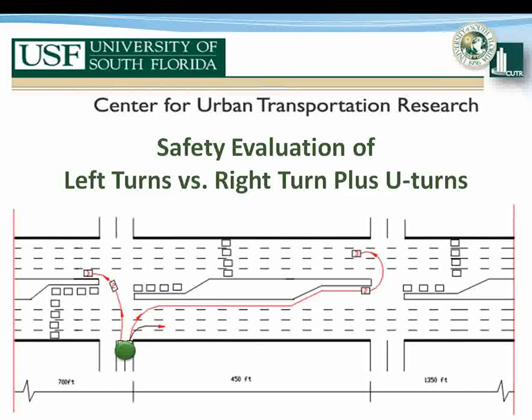So the University of South Florida, working for us, did an analysis of the direct left turn versus the right turn followed by the U-turn, the indirect left. So you see that the red ball did travel a much greater distance than the green ball.